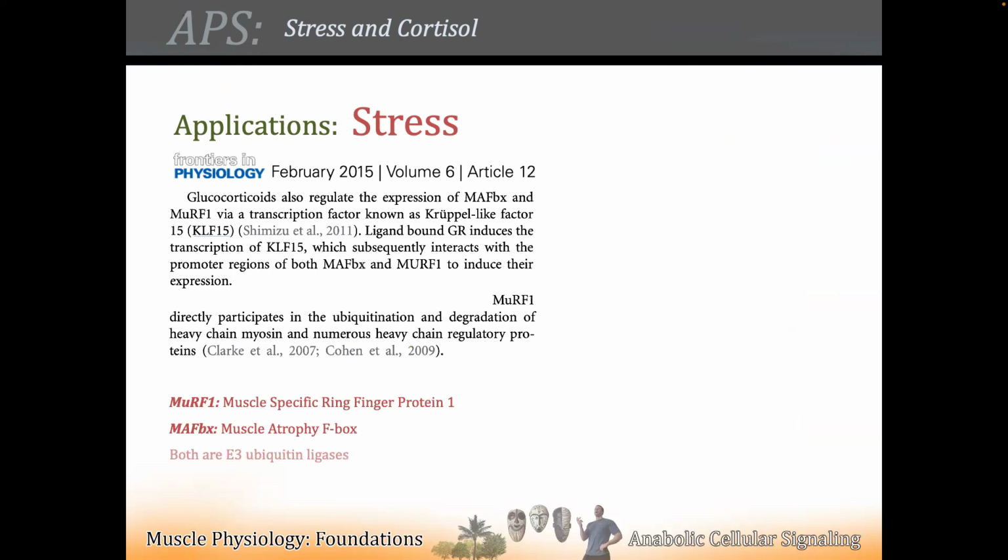And then cortisol also, another also here, promotes the transcription of a protein called KLF15. And then KLF15 promotes MuRF1 expression. And then MuRF1 contributes to the ubiquitination of myosin heavy chain. So it's selective muscle protein degradation.